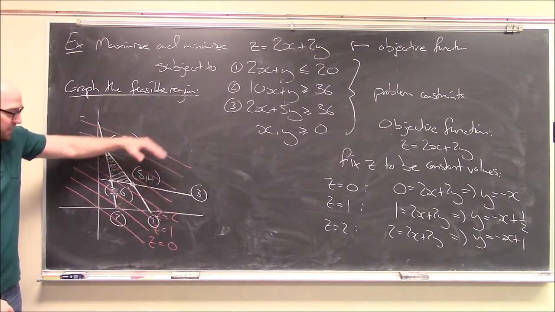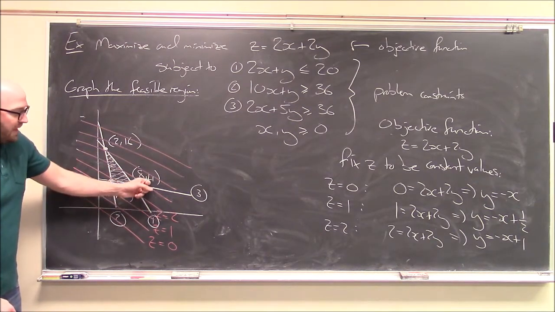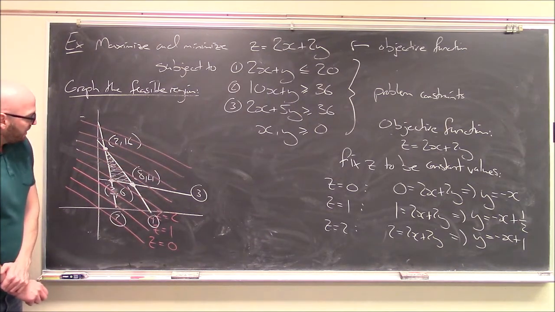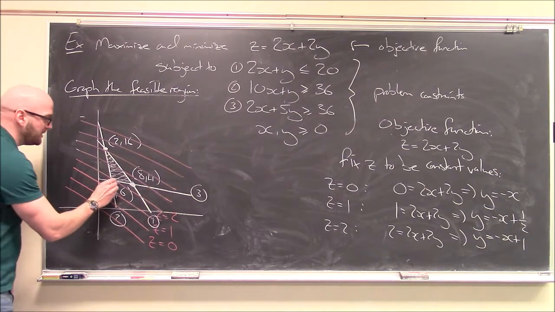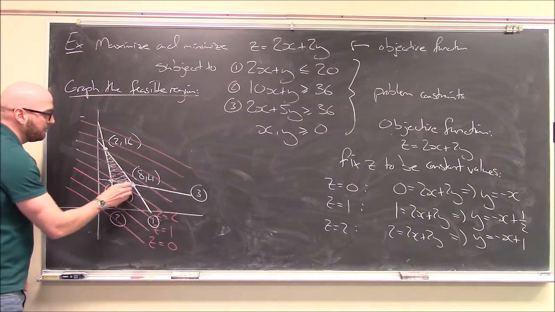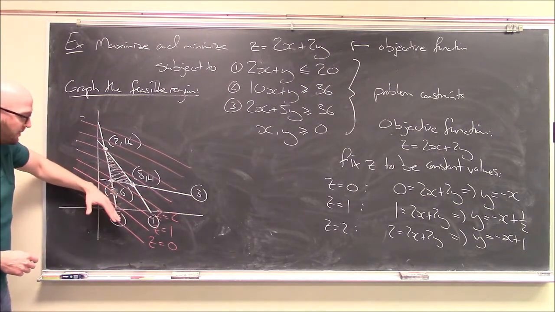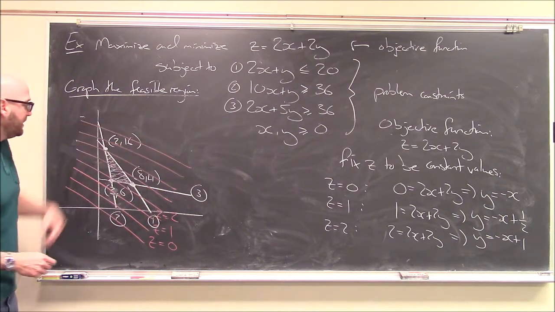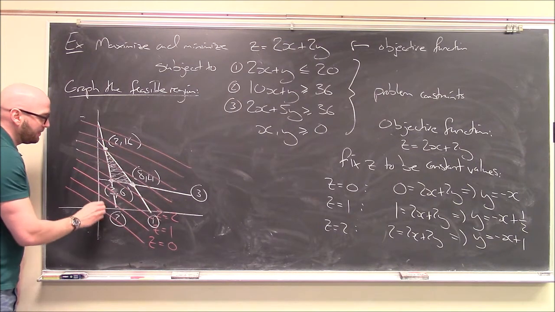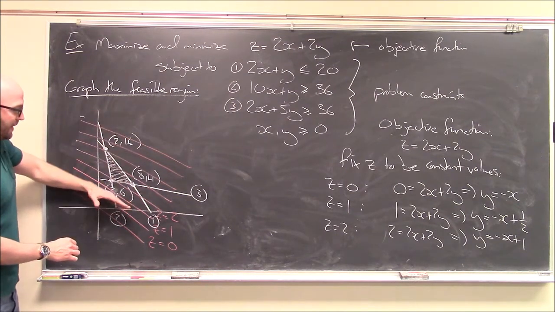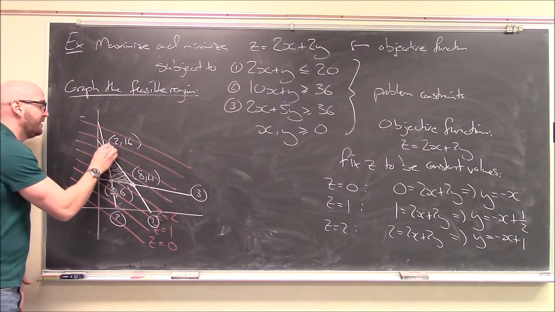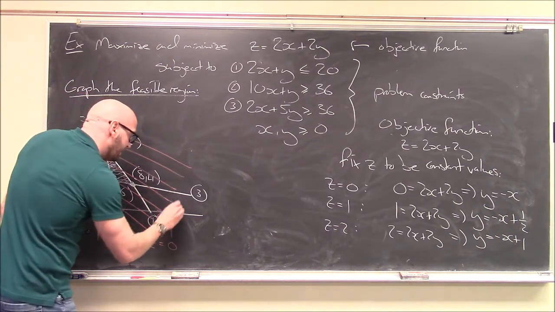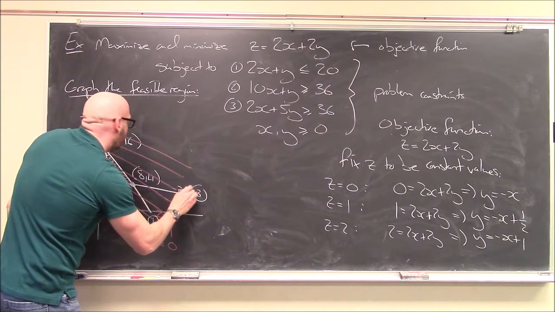So z is increasing as we step up these constant value lines, right? So you can sort of see the point in this feasible region that's going to give the biggest value for z would be the point that lies on this largest constant value line for z. Well, which point lies furthest up this vertical step ladder? This point right here. Right, say this was z is 2, there's z is 3, there's z equals 4.